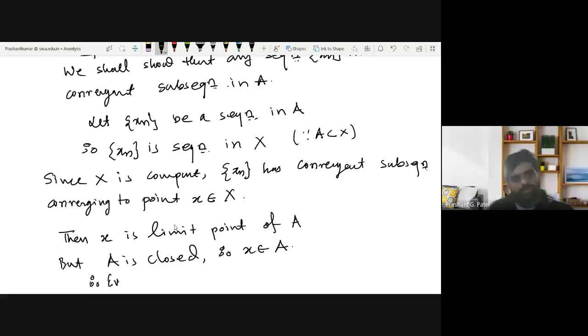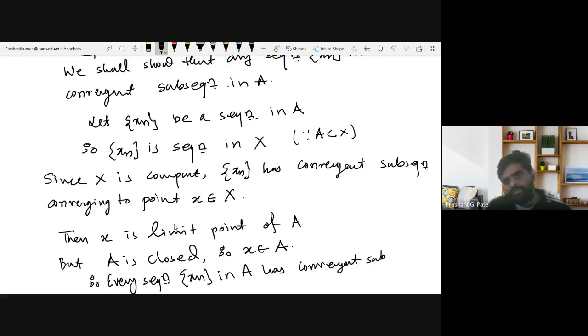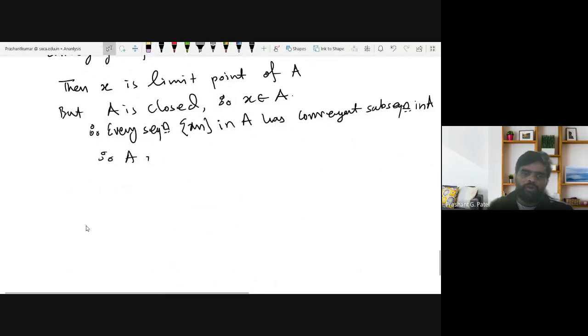Therefore, every sequence xn in A has a convergent subsequence in A, and therefore this A is compact.